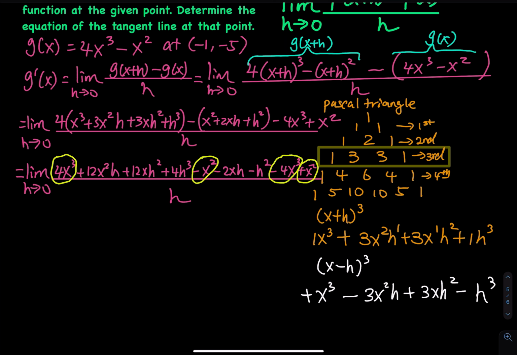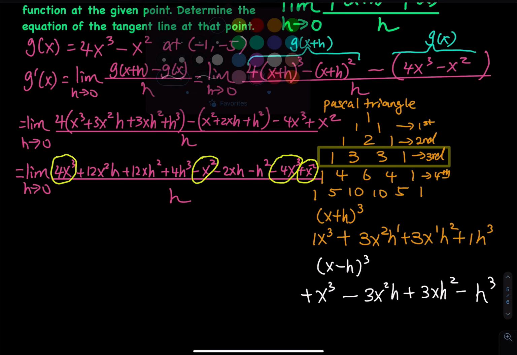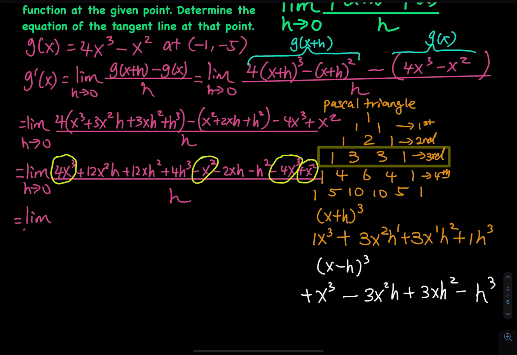So the rest of the terms, bring it down. You have limit as h approaches 0, fraction bar, 12x squared h plus 12xh squared plus 4x to the third minus 2xh minus h squared divided by h.